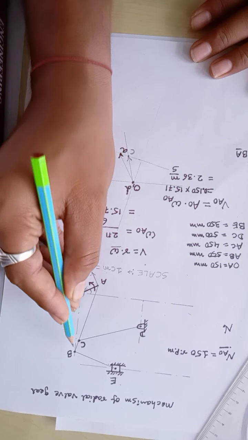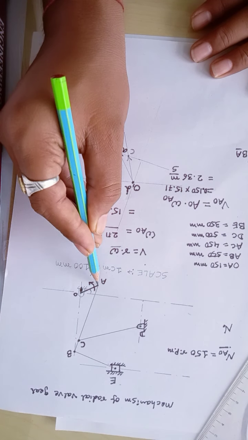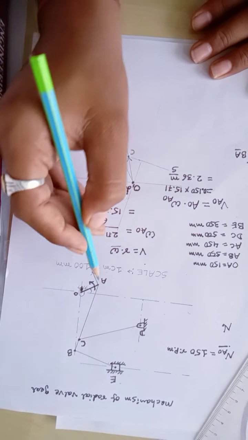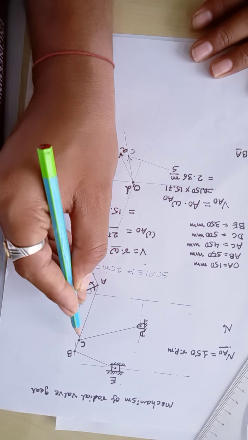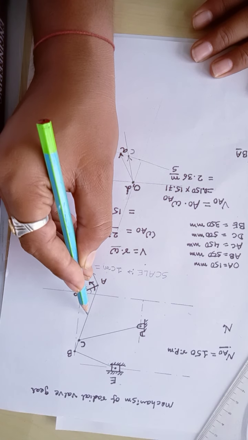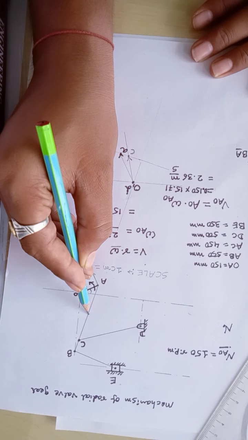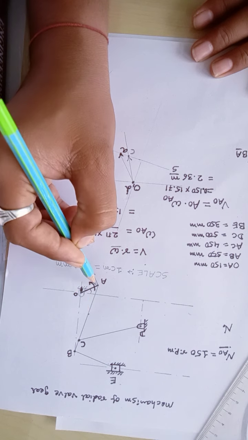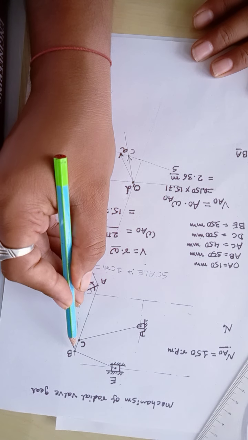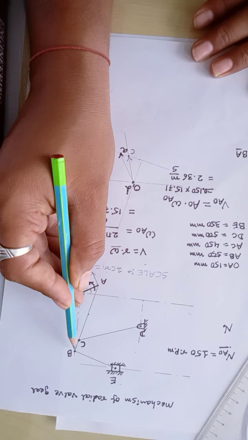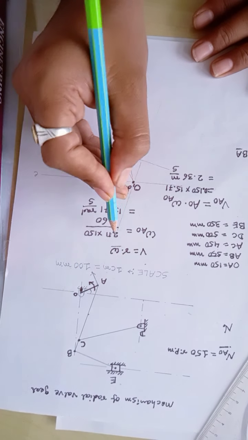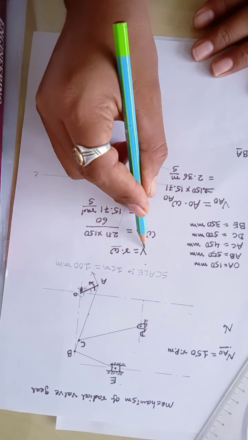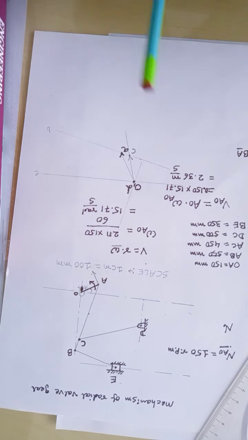Now angular velocity of link AB is the same as angular velocity of link AC. Suppose here point Q is there, so angular velocity of Q as it is located on this link AB will be the same as AB. Omega is constant for the entire link, so V by R ratio will be the same.